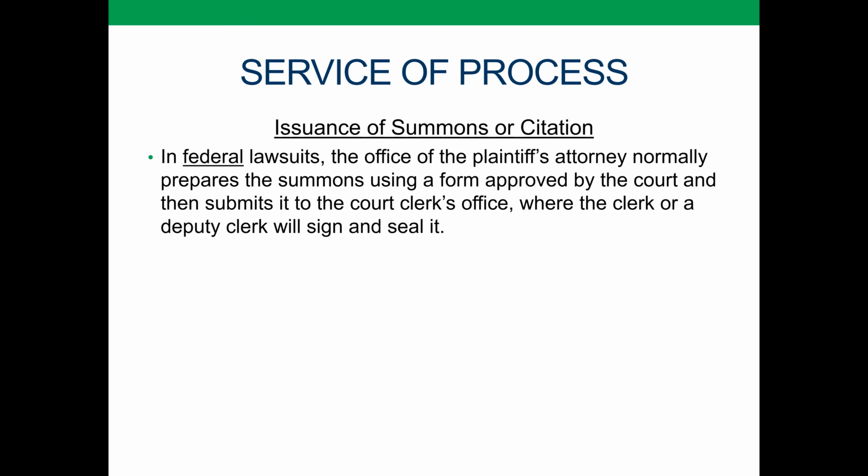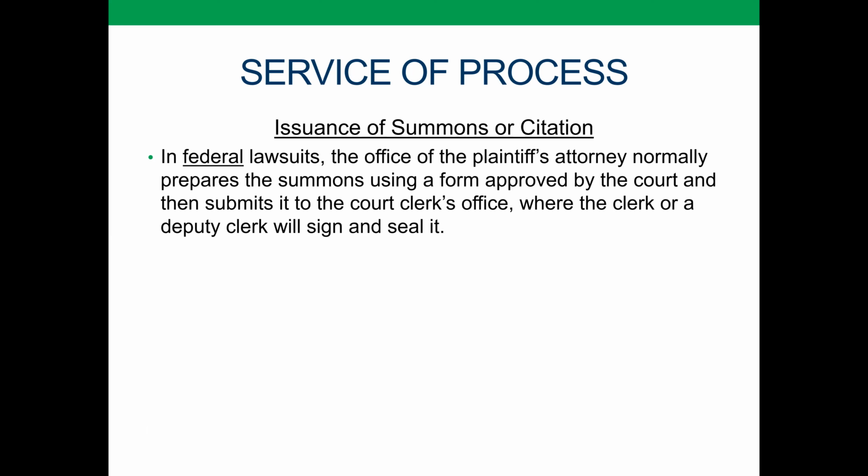Now, let's talk about this summons or citation. Again, in federal court, it's called a summons. Well, how do you get that? In federal court, normally the plaintiff's attorney's office, and it could be a paralegal who does this, will prepare the summons form using a form or template that the court has approved.